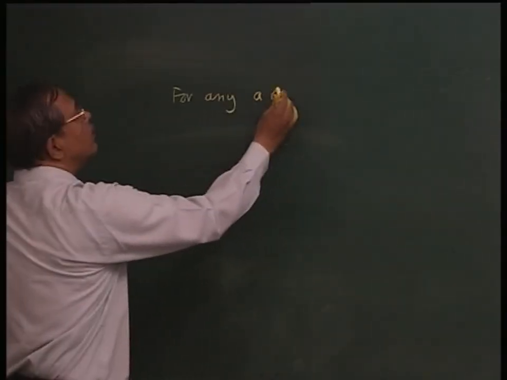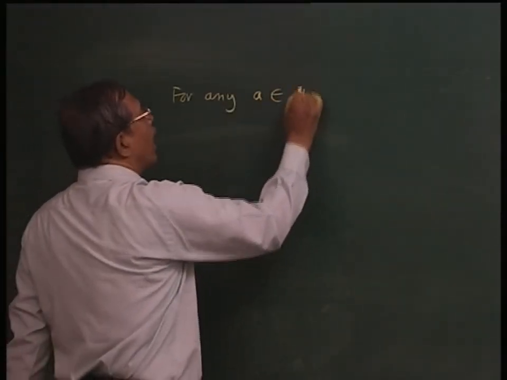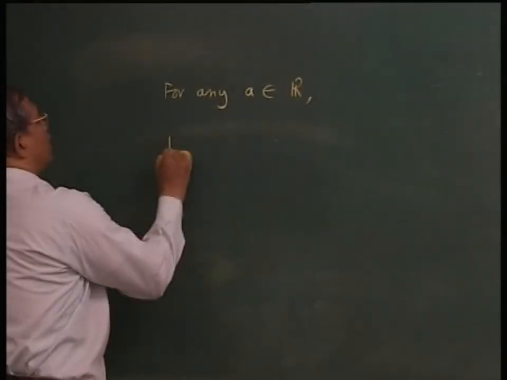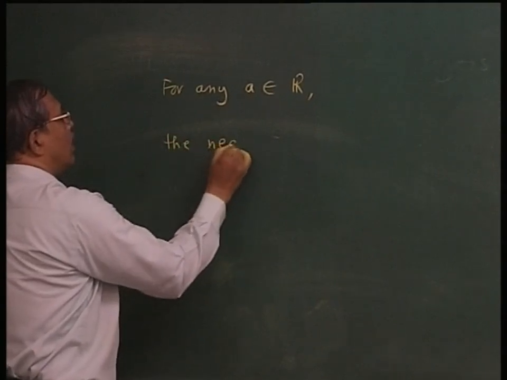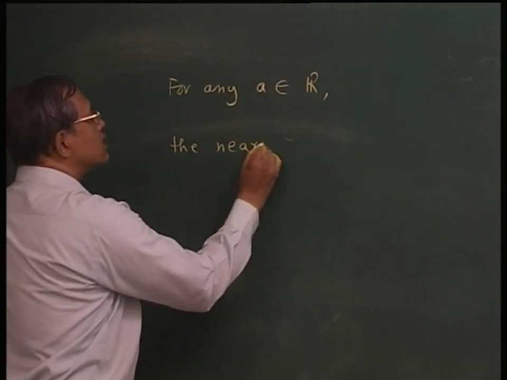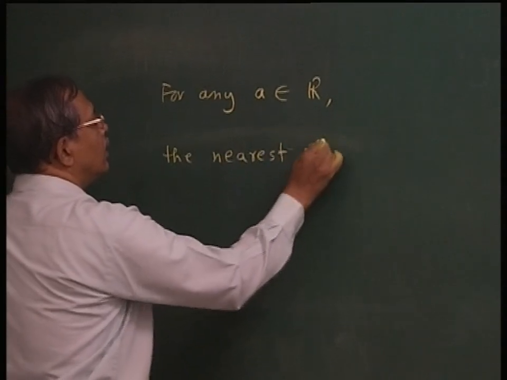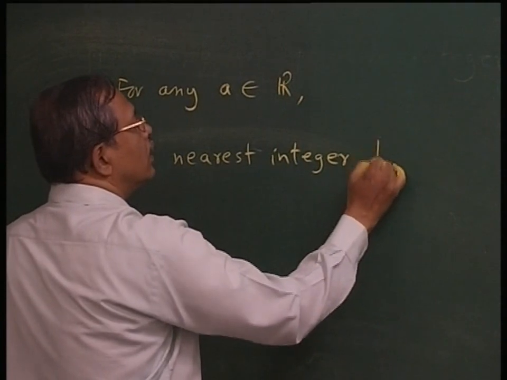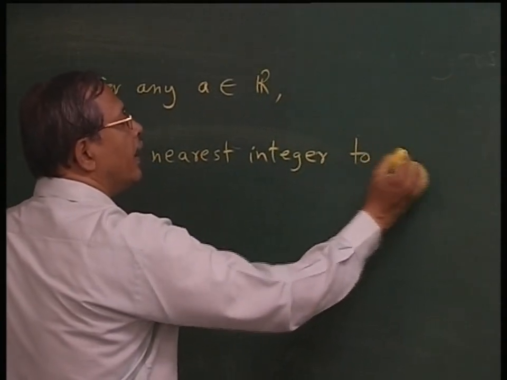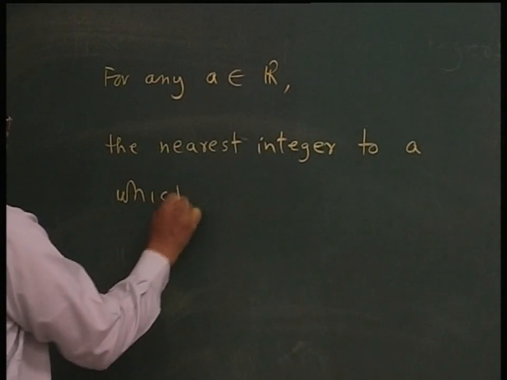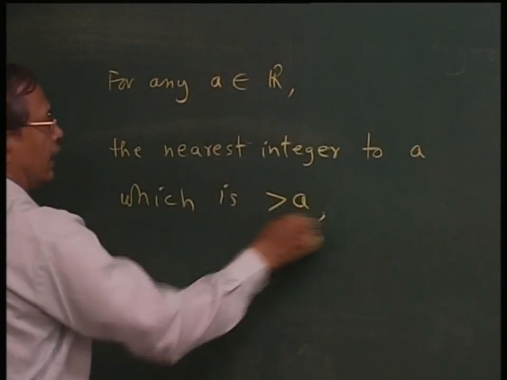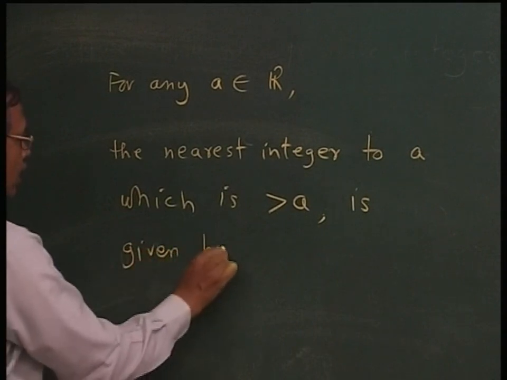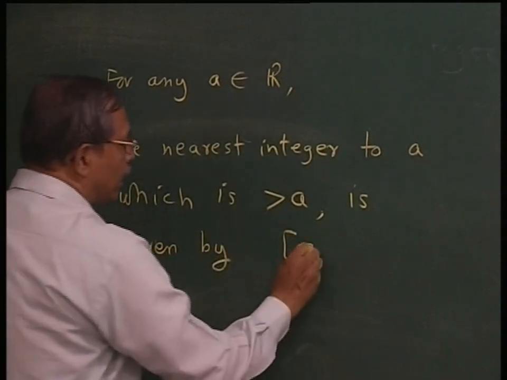So let me consider any a in R, the nearest integer to a which is greater than a is given by the integral part of a plus 1.